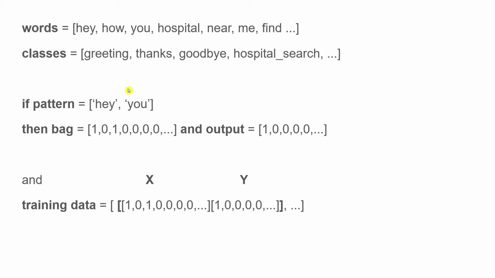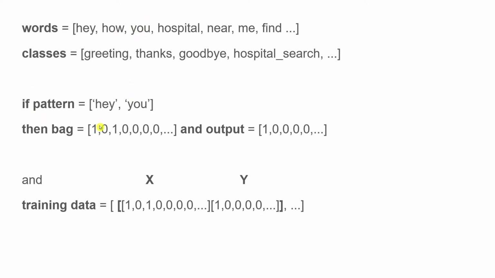Now what we are doing is converting this hey comma you into this bag. So this bag is mapped to words. If you see here, hey is the first word, so the first index is 1 here, and then how becomes 0 because there is no how here, and then we have you, and in our third item it is 1 because this you maps to this you.